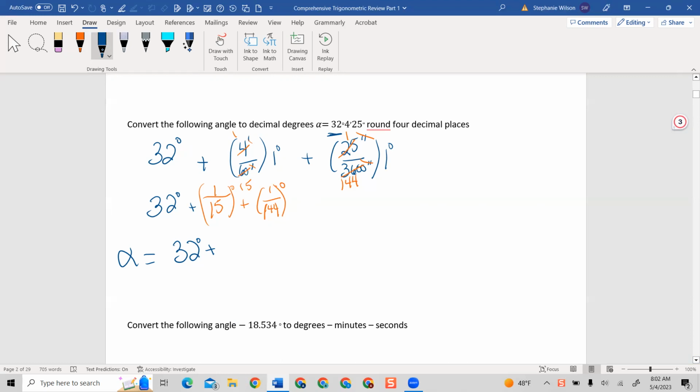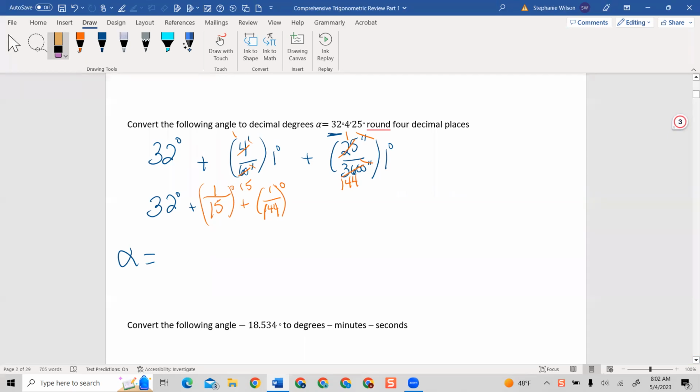Since it gives me a yucky looking decimal, let's just put it all together in the same. So I get 32 plus that 1/15, because you don't want to round too soon, because it can make you be off by 10,000ths of a point or hundredths of a point, so just be careful.